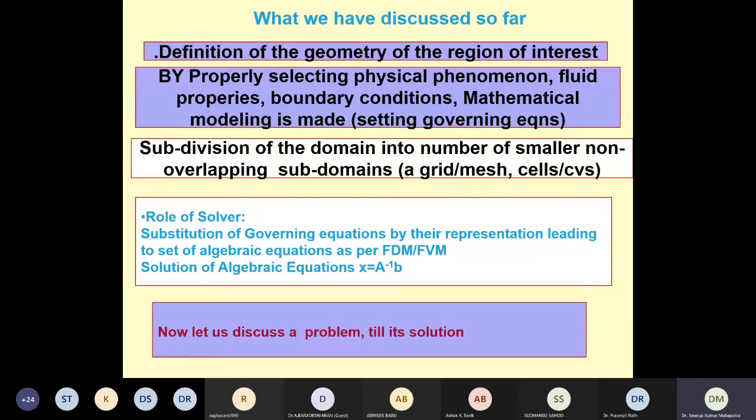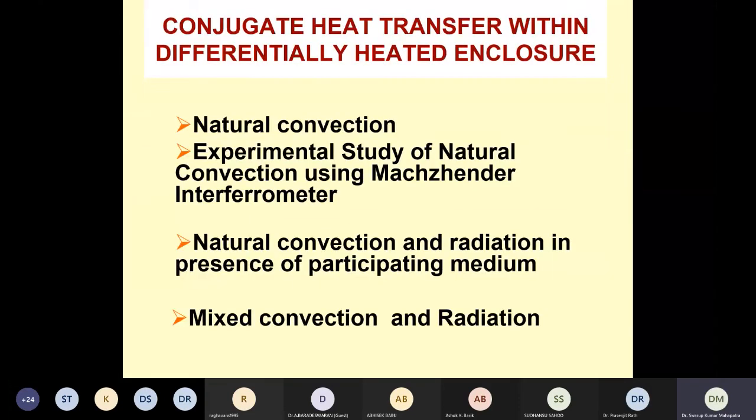So in order to do this, I will take a very simple problem to make clear how we really solve a problem, and finally establish that whatever I have solved is reliable. I will discuss natural convection and its interaction with radiation in the following slides.